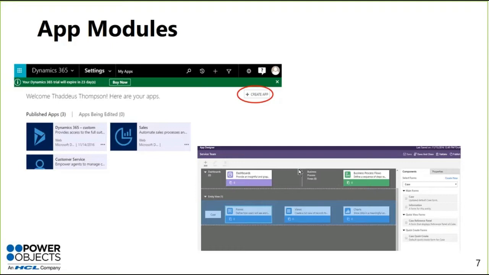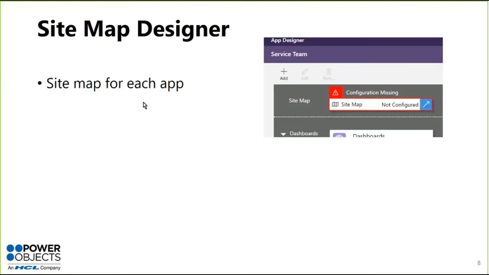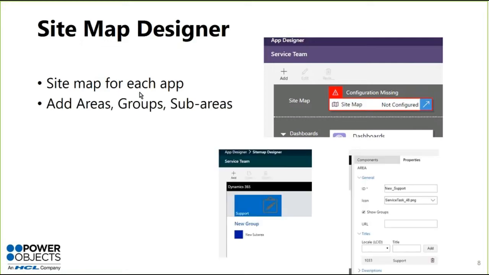And within each app, we also have a separate and unique sitemap for that app so that we can actually control and modify and design the navigation within the app, not just that fact that there's this app that exists, but focus in on exactly which areas, groups, and sub-areas are available for navigation.